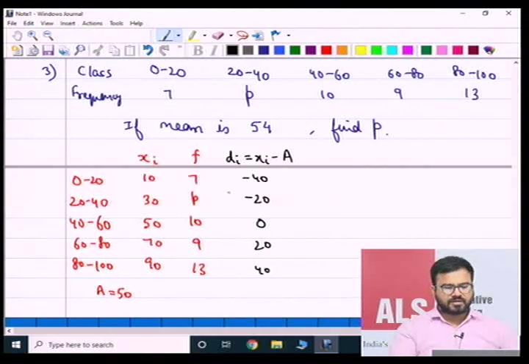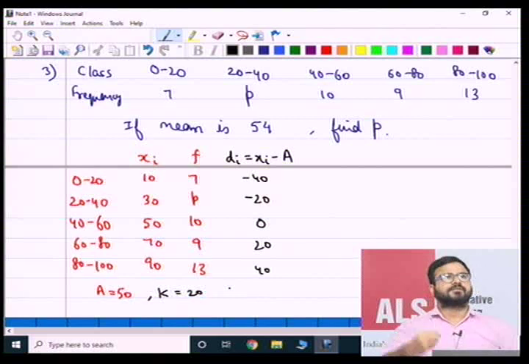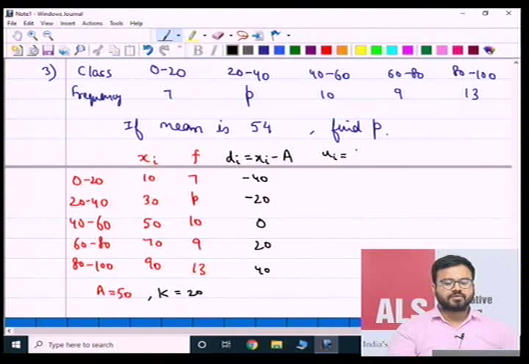And if you want to divide it, we can divide it also. Let us say k is equal to 20. We can divide this complete value by 20. So if we divide the complete value by 20, we will get ui is equal to xi minus A divided by k. So when we divide by 20, it will become minus 2, minus 1, 0, 1, 2.